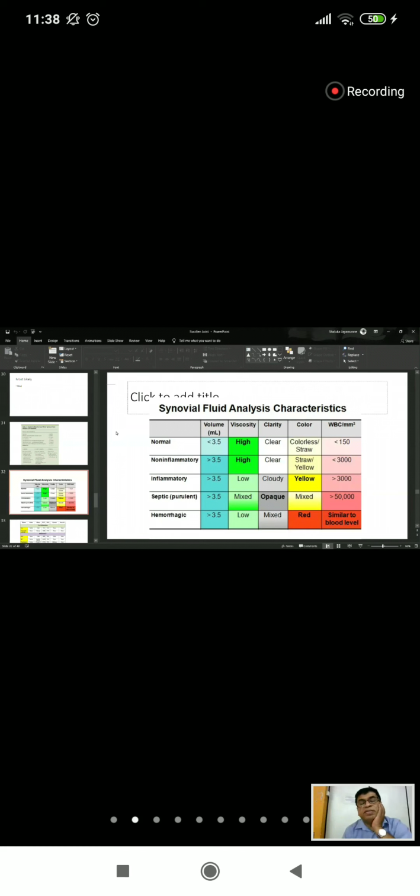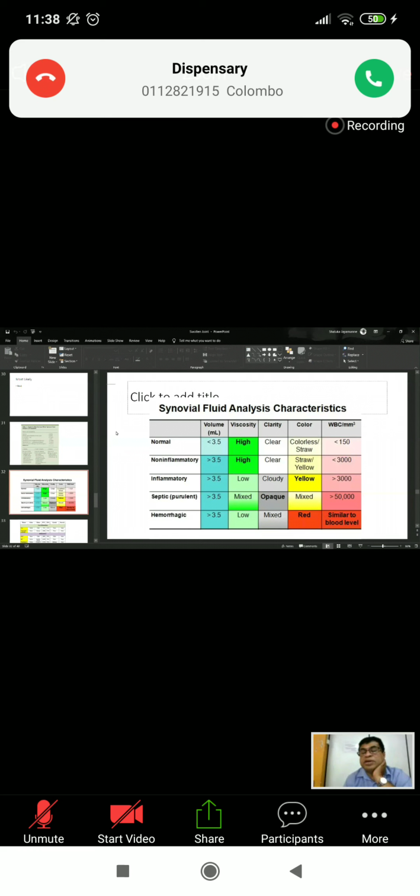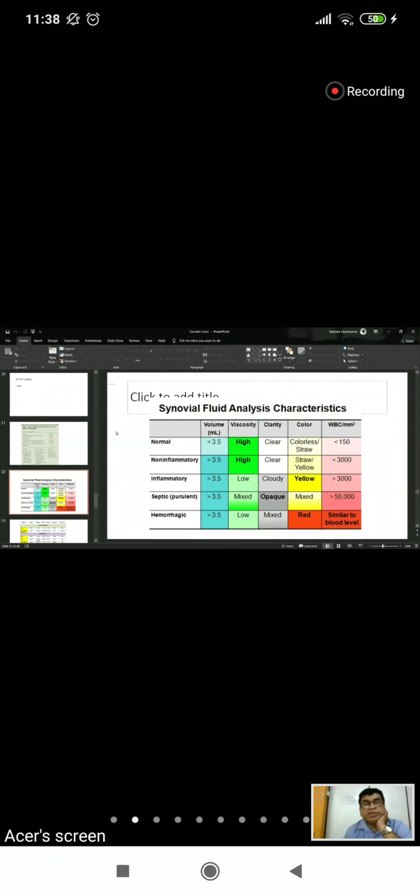What you get in the synovial fluid is neutrophils. So with normal synovial fluid, it's colorless, clear, and you only see less than 150 neutrophils. In non-inflammatory arthritis, you also get some neutrophils, about 3,000. In septic arthritis, you get more than 50,000 neutrophils.